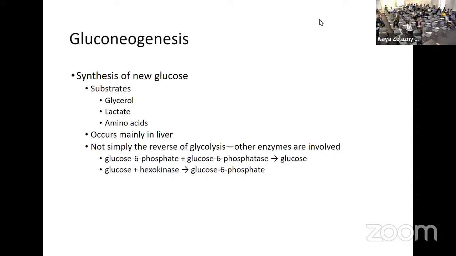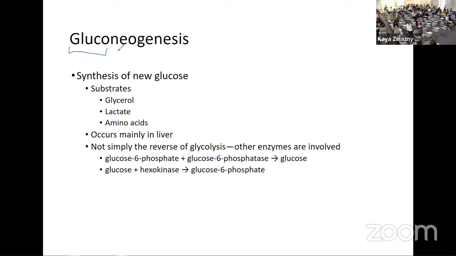Okay. So this other fact is that you can actually make glucose in your body. You don't have to eat glucose. I mean, long term, you should eat glucose. But in terms of small scale time, you can make new glucose if you don't happen to have any. So the word for this is gluconeogenesis. In general, in these next few slides, I just want you to read words really carefully.